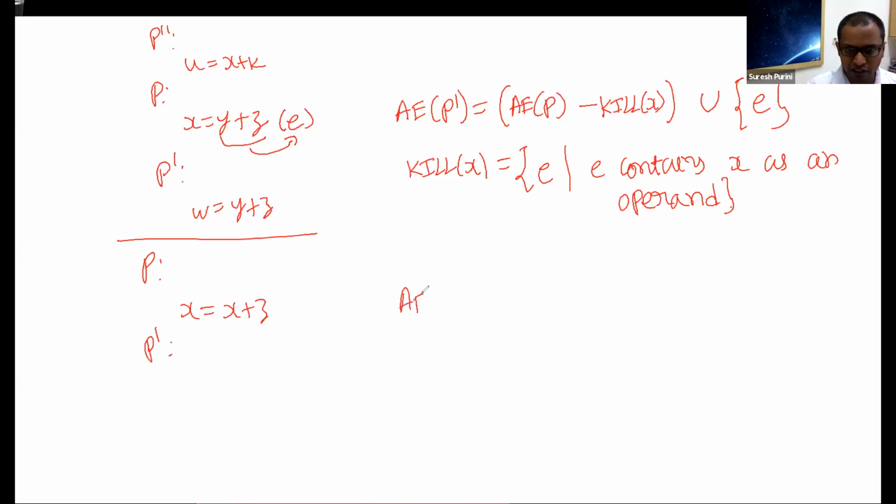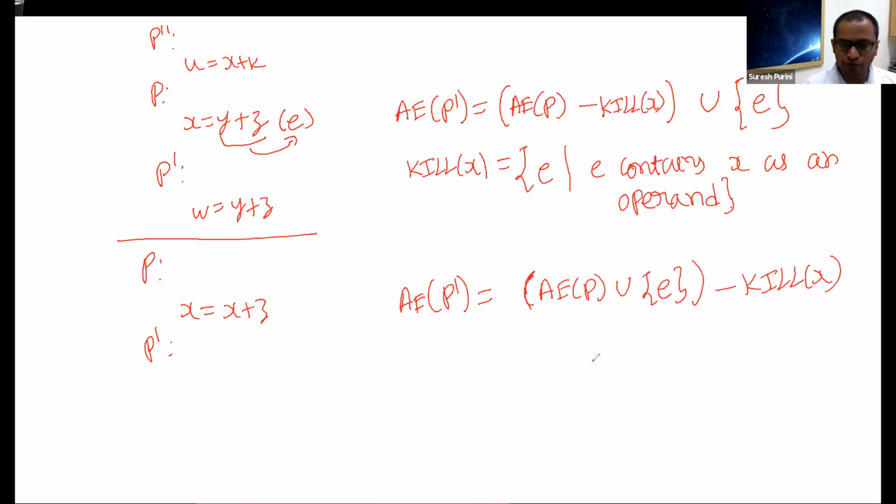The way we solve this problem is we say AE prime is equal to, in the available expression set P, you first include E. From this, we eliminate the kill set.